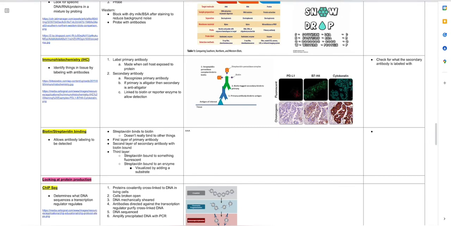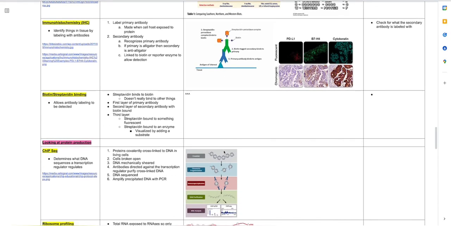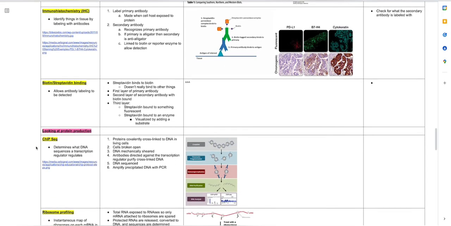Now we'll move on to how to look at protein production. The first one we'll look at is ChIP-seq, which stands for chromatin immunoprecipitation sequencing. This determines what DNA sequences a transcription regulator regulates. The process is that you first cross-link proteins to DNA in living cells, so you keep those two bound really tight.